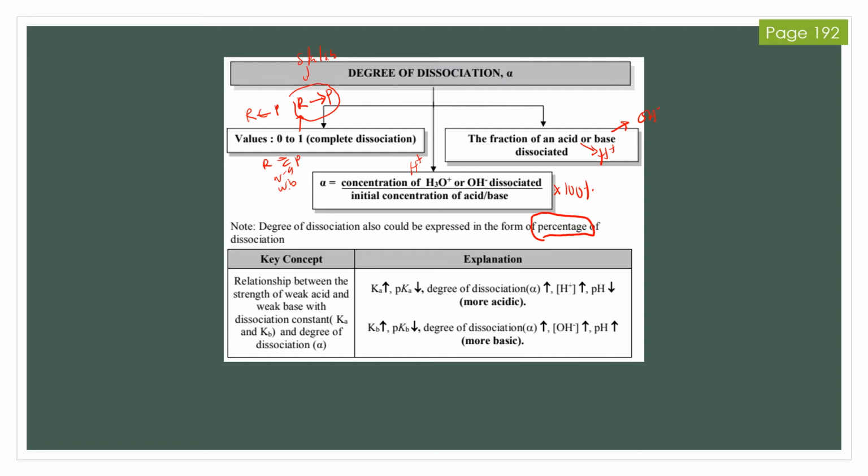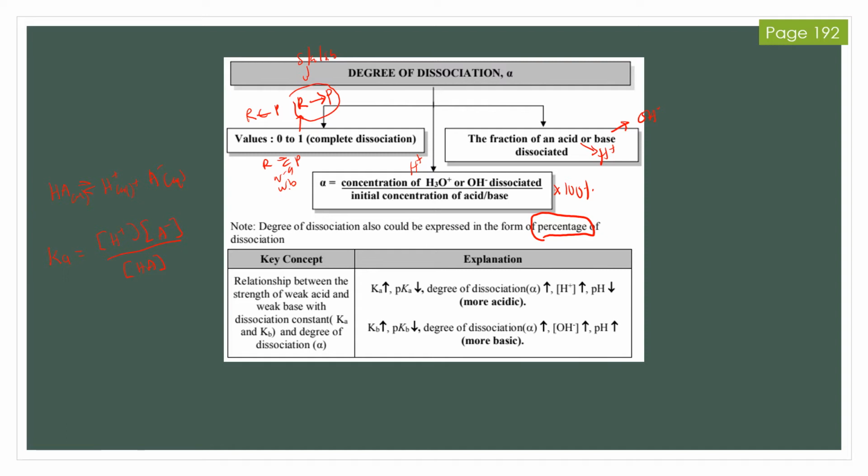Ka. Contoh kita ada tadi HA, H plus dengan A minus, everything in aqueous. Ka equals to H plus times with the A minus divided by the HA. Saya memang tulis sengit so awak sengitkanlah kepala awak nanti.